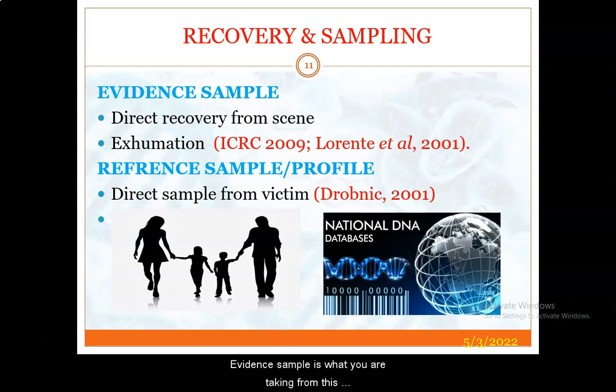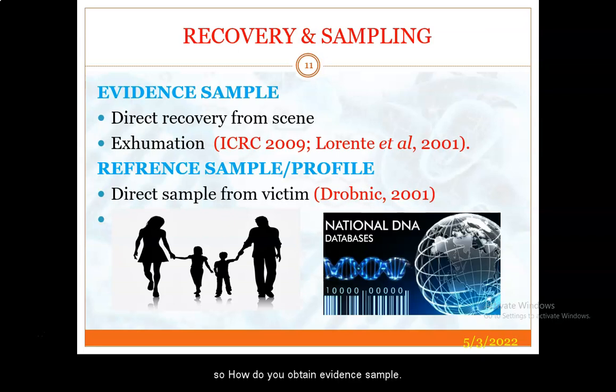The evidence sample is what you are taking from this decomposed body, and the reference sample is what you are going to compare it to, either from relatives, or a sample the deceased person left behind, a known sample from the deceased person.